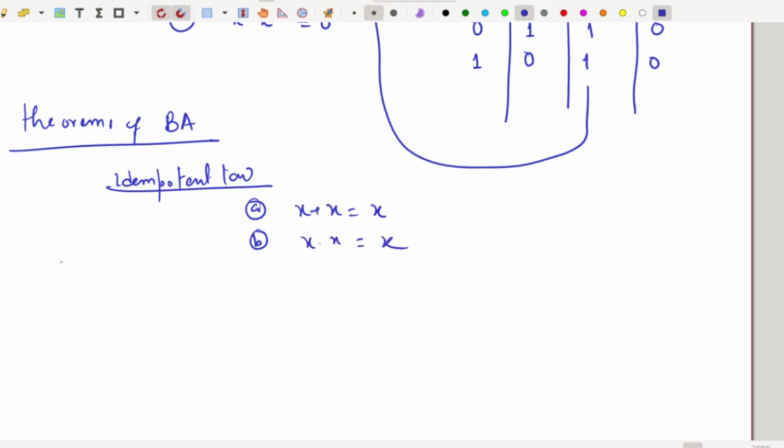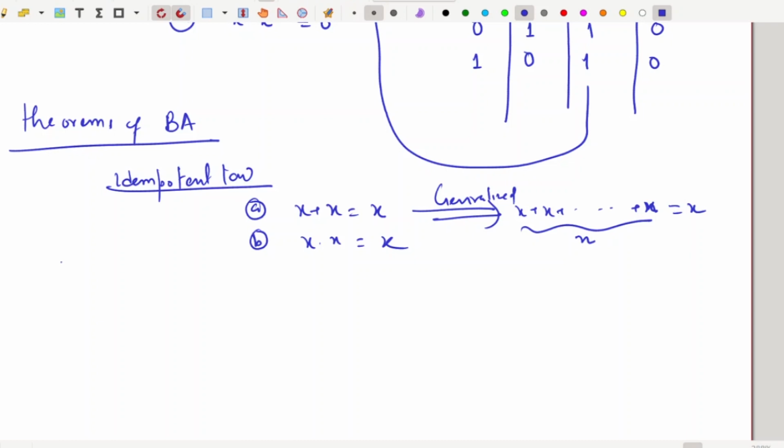Or in generalized form, x plus x plus up to x n number of times, means any number of times x is added with itself, this results in x. Because this plus operator is nothing but a logical plus, when any one of the inputs is high, then the result is 1, whatever the value of the other.